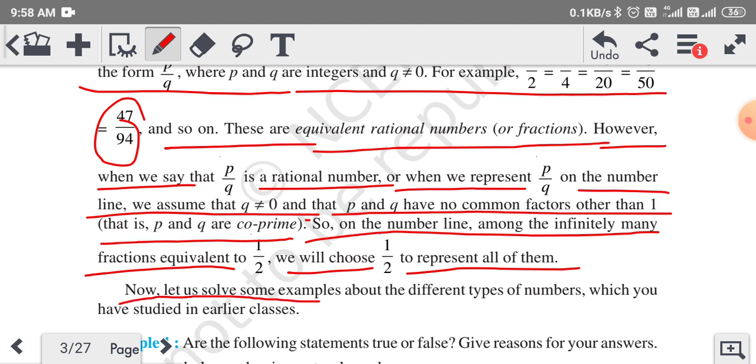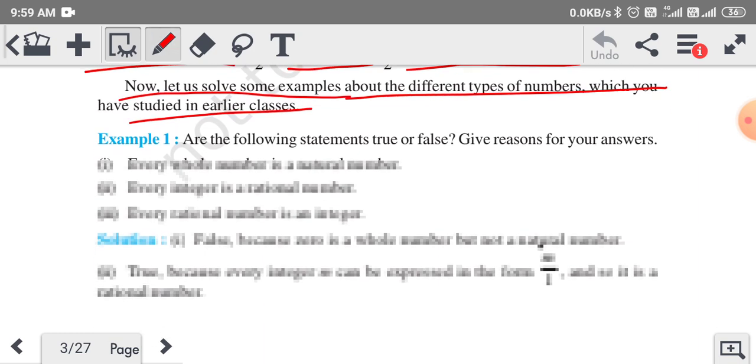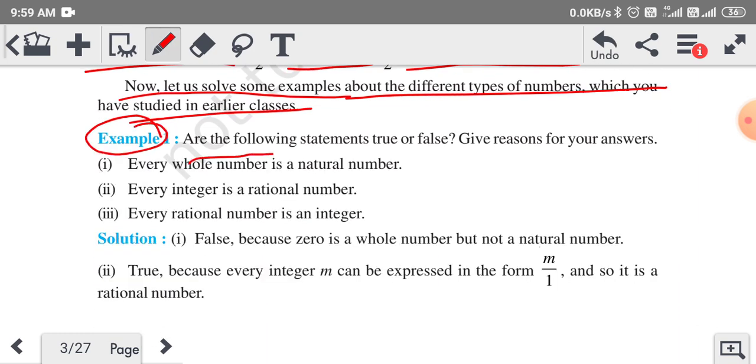Now let us solve some examples about the different types of numbers which you have studied in earlier classes. Example 1. Are the following statements true or false? Give reasons for your answers. First, every whole number is a natural number.